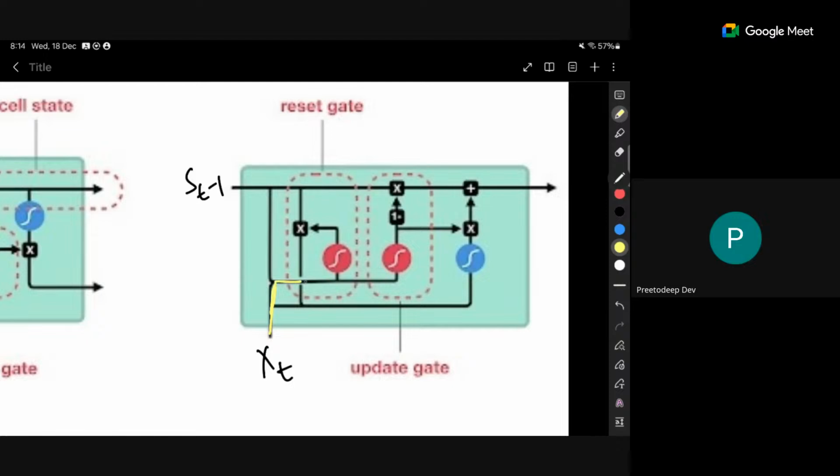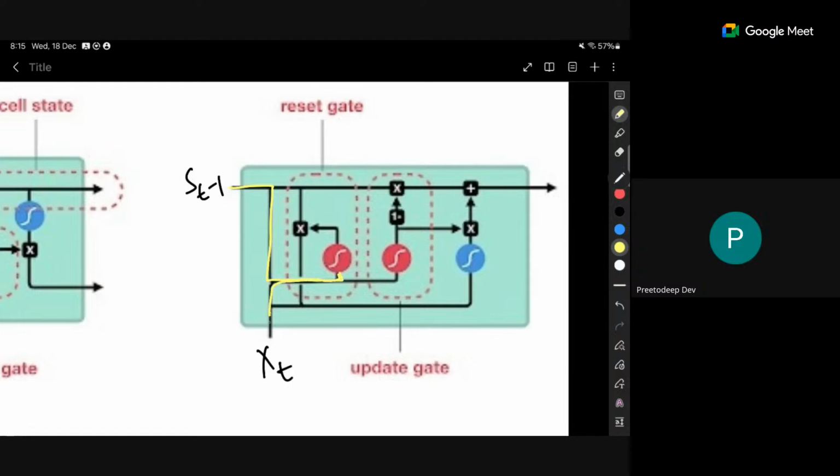XT is going there, I mean coming to this first sigmoid. This sigmoid I'm talking about. It will produce some output. Similarly XT will go there and multiply with it. Sorry, see, it's going there, and this is going there.